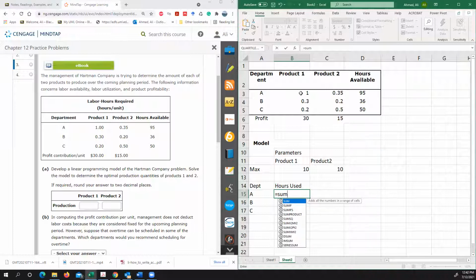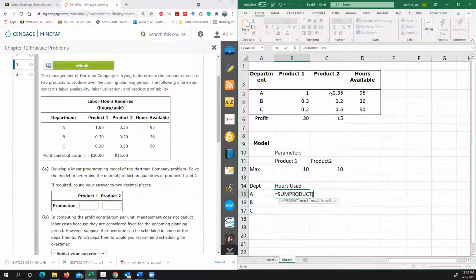So we are doing 10 from department A, and the hours per unit is 1 per hour. If I do this one, I can produce 1 and extra. So I can produce more from product 2 from the same department.